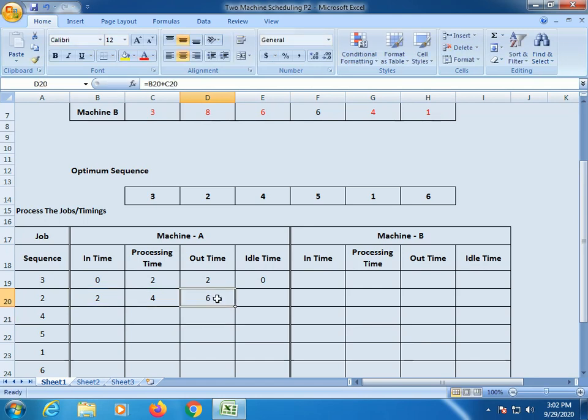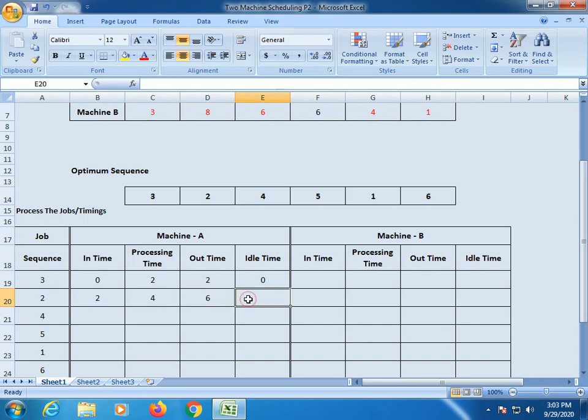So this is the out time of the second job. At 2 hours we completed the first job on machine A. At 6 hours we completed the second job.